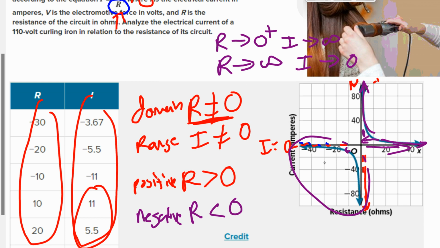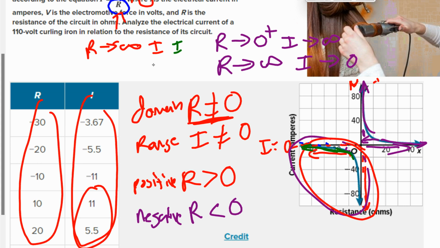Then I can look at this branch and say, okay, as my resistance goes towards negative infinity, my current goes closer and closer to 0.